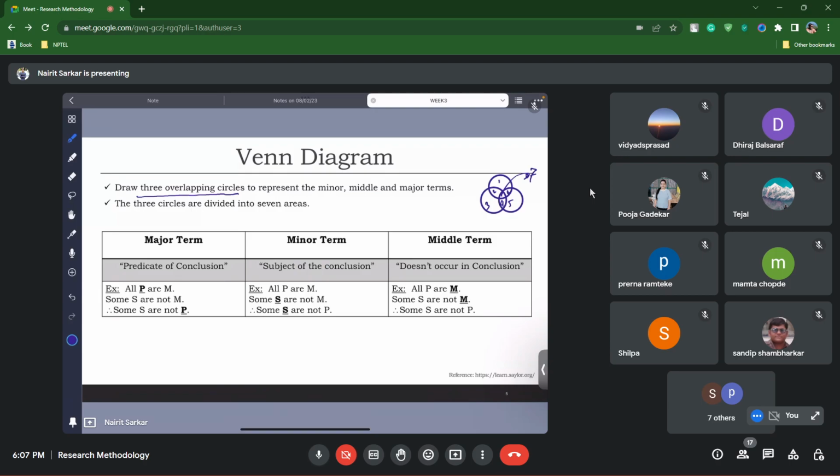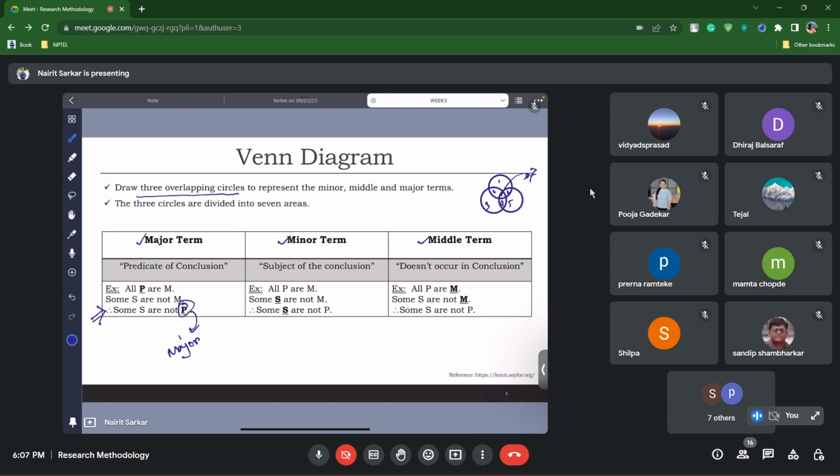To do this, first we have to understand what is the major, minor, and middle term. Major is the predicate of the conclusion. If the conclusion is some A's are not P, then P is the predicate term, so here it is the major term.